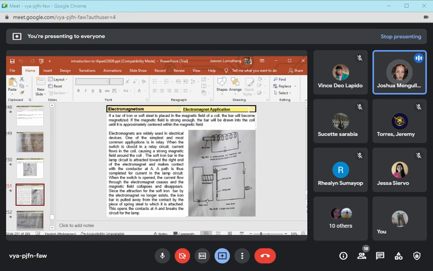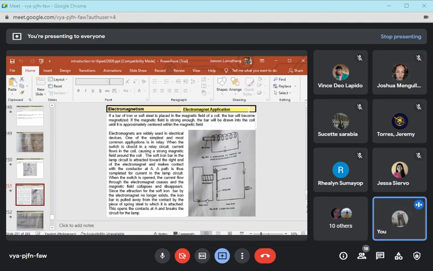When the switch is open, the current flow through the electromagnet ceases and the magnetic field collapses and disappears. Since the attraction for the soft iron bar by the electromagnet no longer exists, the iron bar is pulled away from the contact by the piece of spring steel to which it is attached. This opens the contacts at A and breaks the circuit for the lamp.